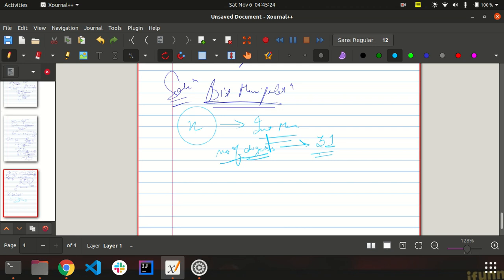Am I right? Correct. And how can we find this particular 31? We can just take log to the base 2 of Integer.MAX. Whenever we have to find the number of digits in binary of an integer number, we can just take log to the base 2 of that number.